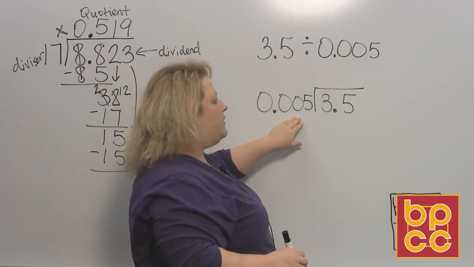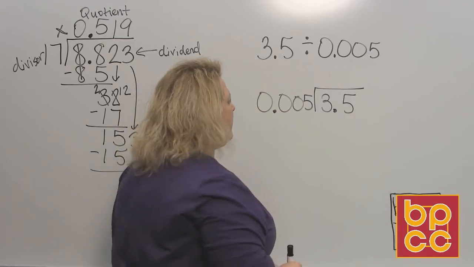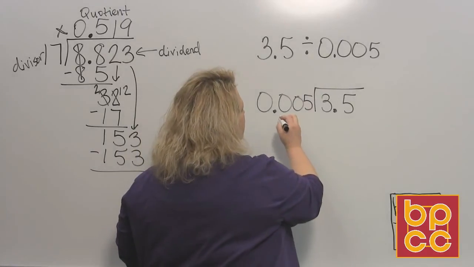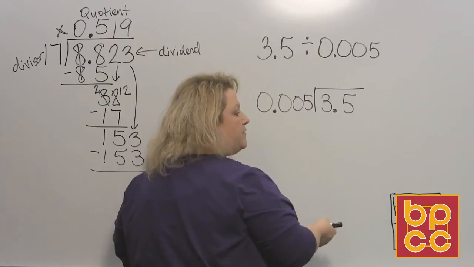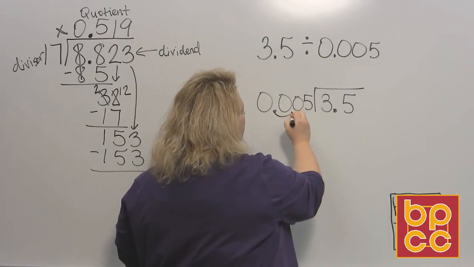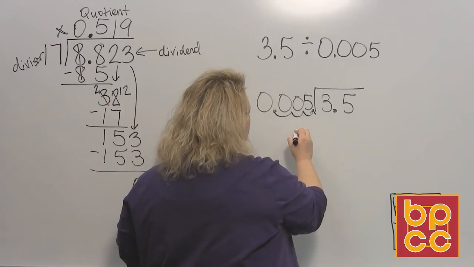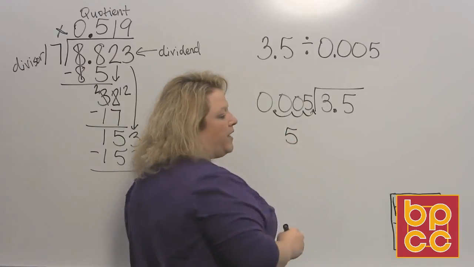Well, this one's not. This is 5 thousandths. So what we have to do is make it into the whole number 5. So in order to do that, we have to take our decimal and we have to move it 1, 2, 3 places. And by moving it 3 places, that means I make the whole number 5 now, okay?